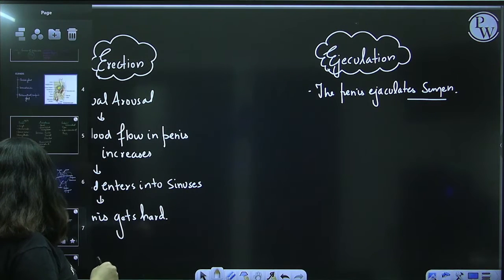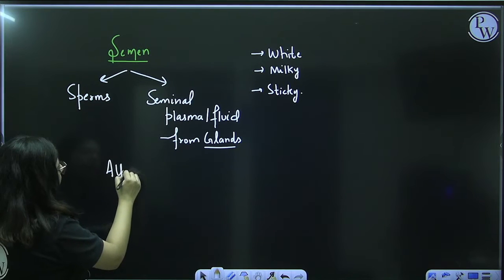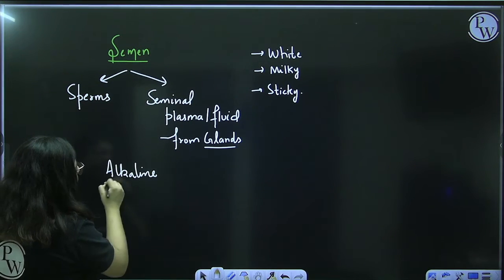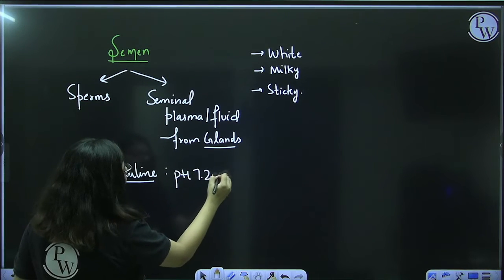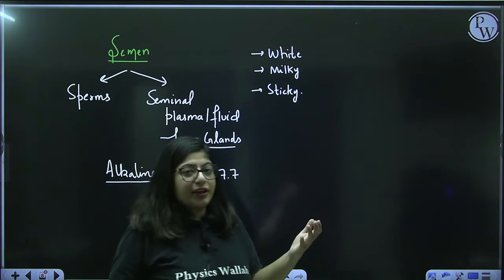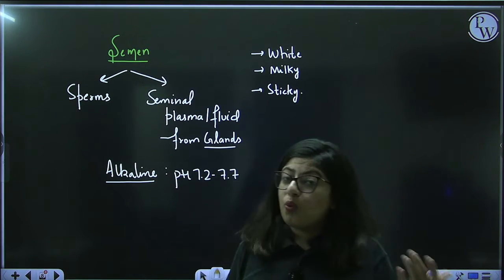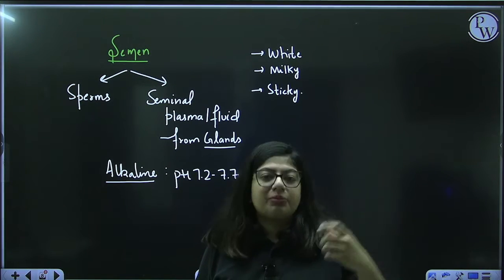So, let us move further and talk about semen. As I have told you, it is white in color, sticky and has alkaline nature. What is the pH? 7.2 to 7.7, right? During ejaculation the semen is released, but the question is how much semen is released?